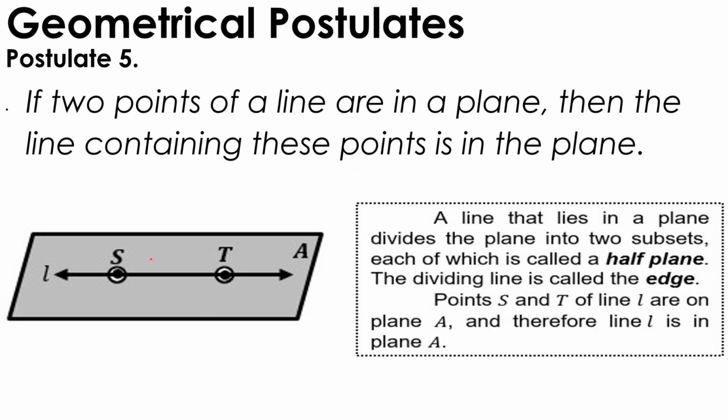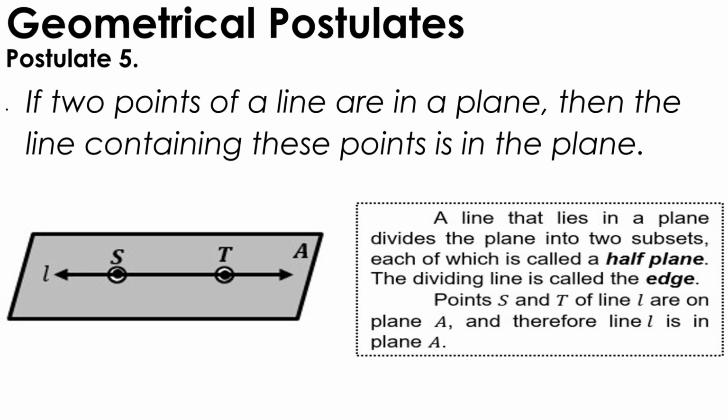A line that lies in a plane divides the plane into two subsets, each of which is called a half plane. The dividing line is called the edge. So line L here is what we call the edge. Points S and P of line L are on plane A, and therefore line L is in plane A.